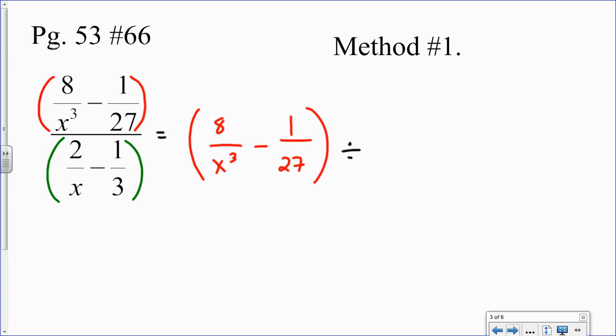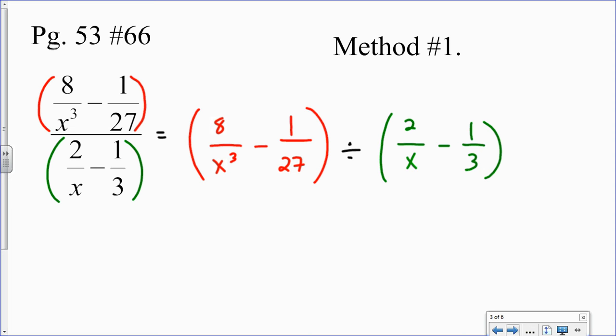And then I'll write the denominator. Okay, so I'm just going to look at this part here. I'm going to simplify the numerator of the whole fraction. So I'm going to simplify this, what's in red.